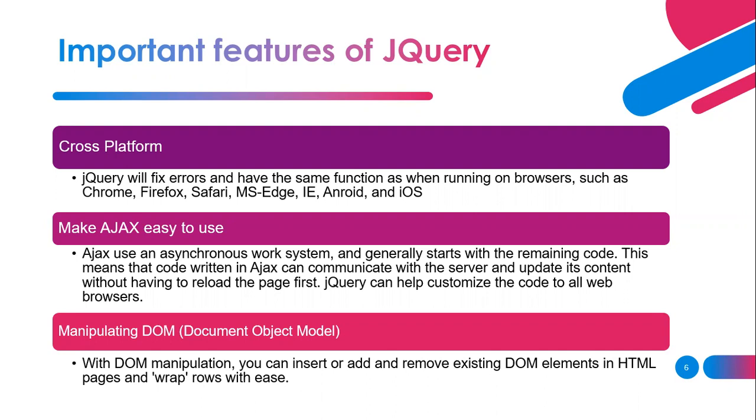So if we want to access an element, get an element, or set an element, change or delete an element, we can use functions that have been provided by JavaScript, and the functions are for manipulating the DOM.